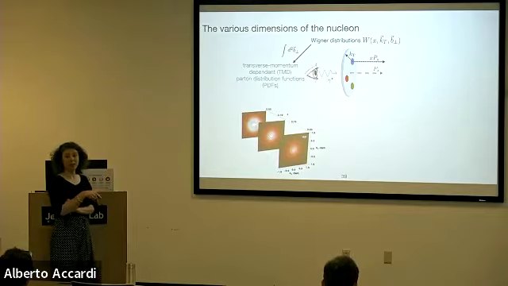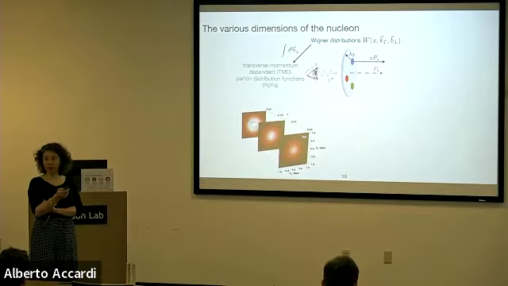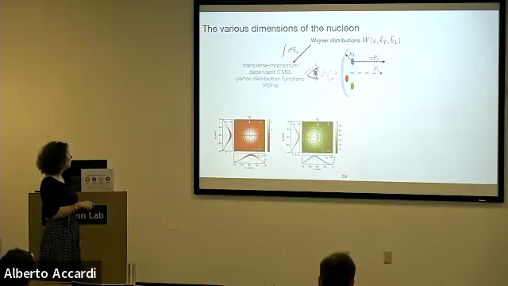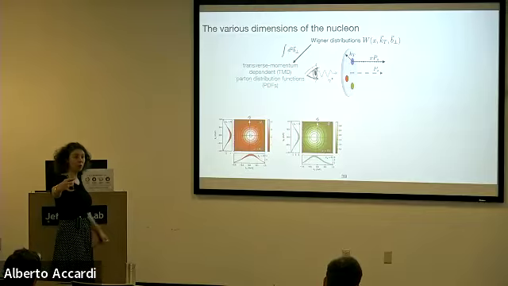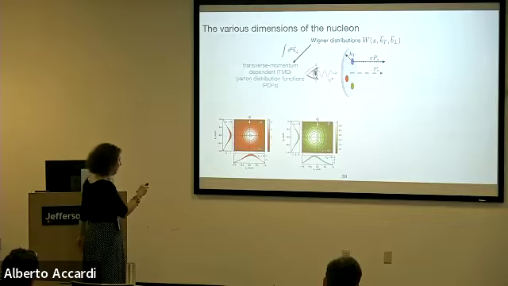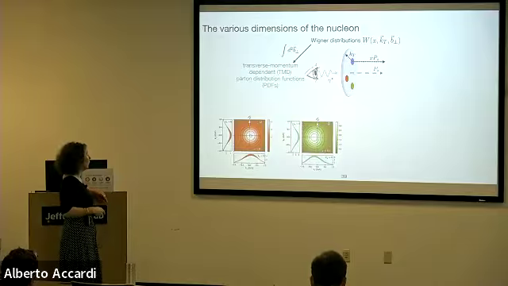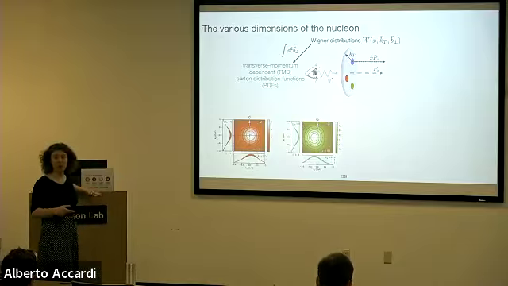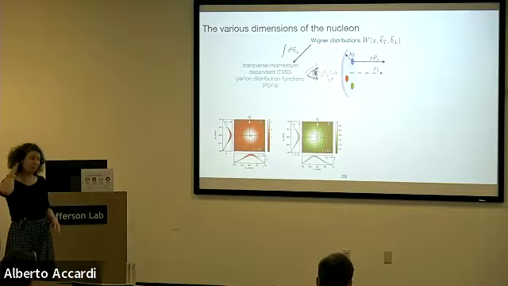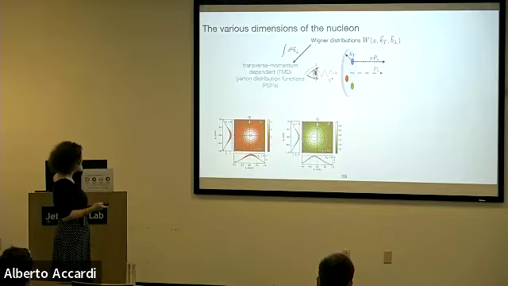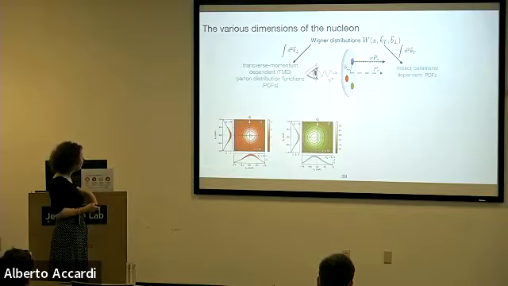This is now for the case where your nucleon is not polarized, but if you would now transversely polarize it, then you would see a shift to the right for your up quark. So your photon here is entering your screen. And so you would have a shift of your up quark distribution to the right and for your down quark distribution to the left. So by polarizing, you access different elements and you become sensitive to this type of distribution.